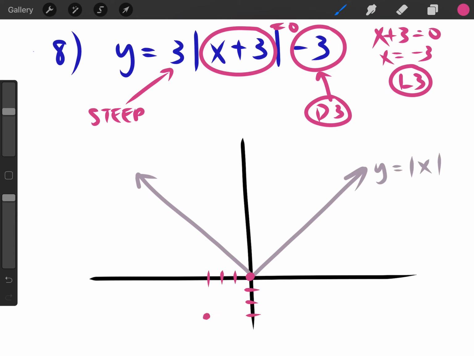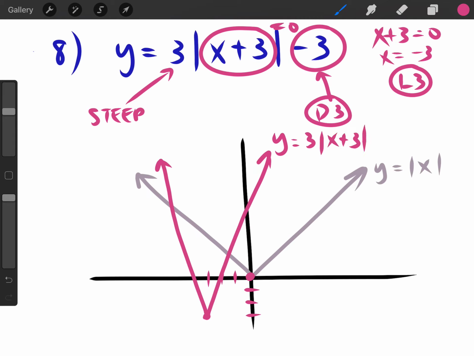Your vertex, the lowest point, is going to be right there, negative 3, negative 3. It's going to be a steep V. Perfect one. So y equals 3 absolute value of x plus 3, minus 3.